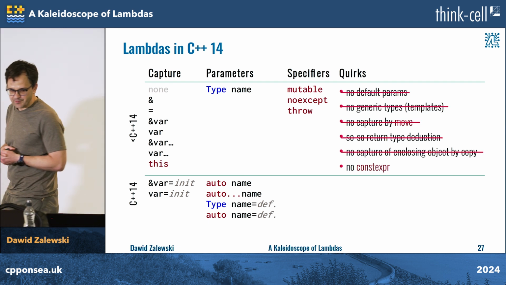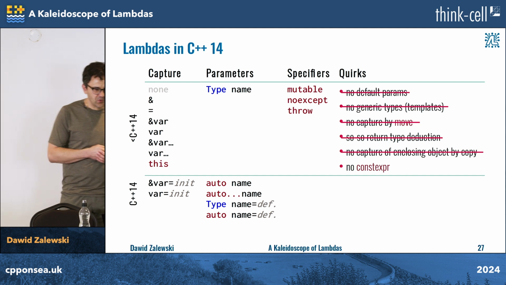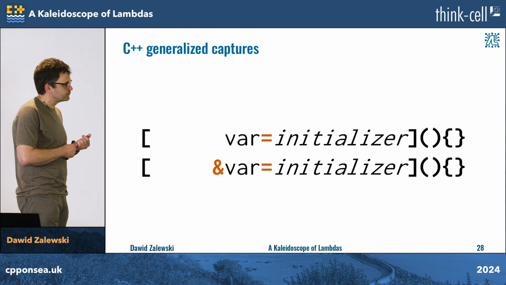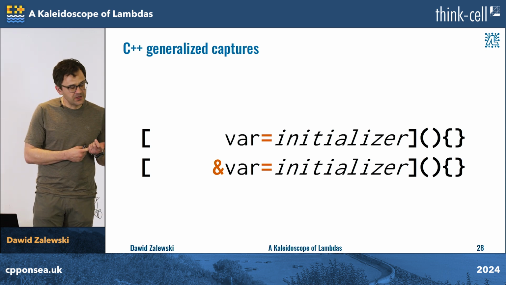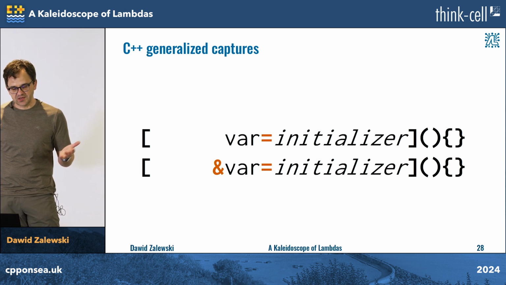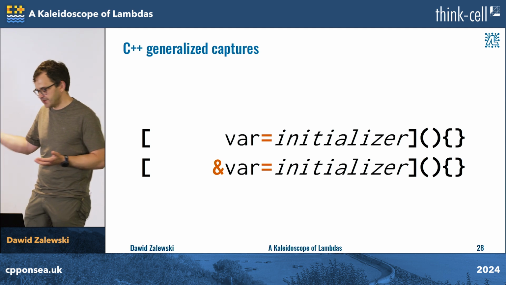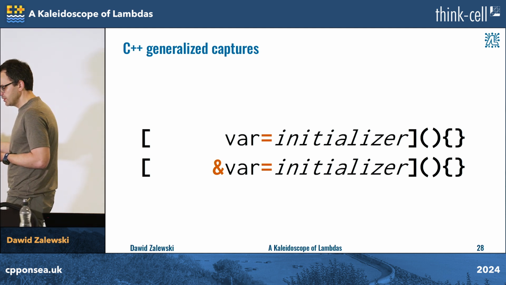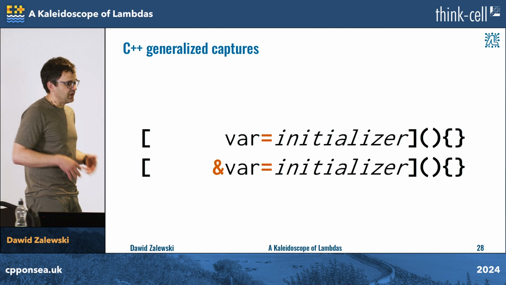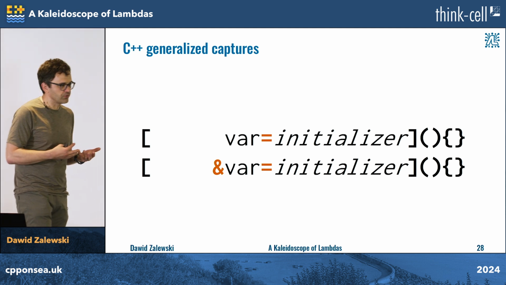What are init captures about? Well, basically something like this. This is an init capture, or a generalized capture. You don't just capture something. You can capture with an initializer, and you can capture either by copy or by reference. You have two options. What matters is you have an initializer. You can put anything you want there.